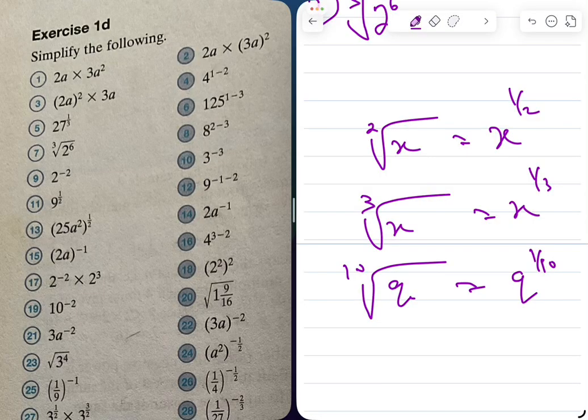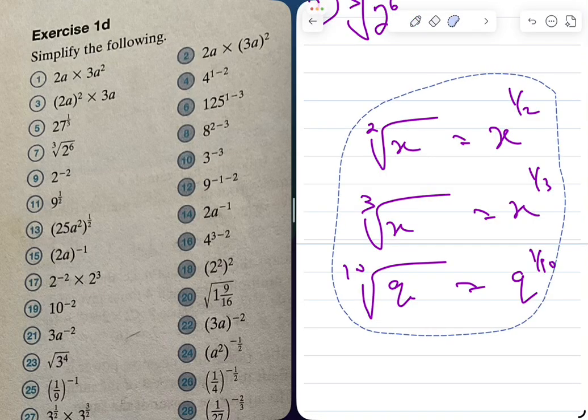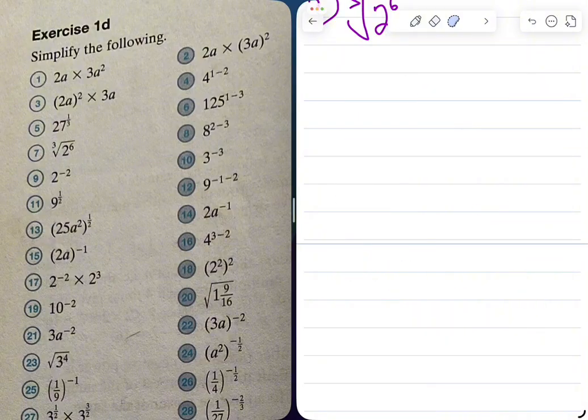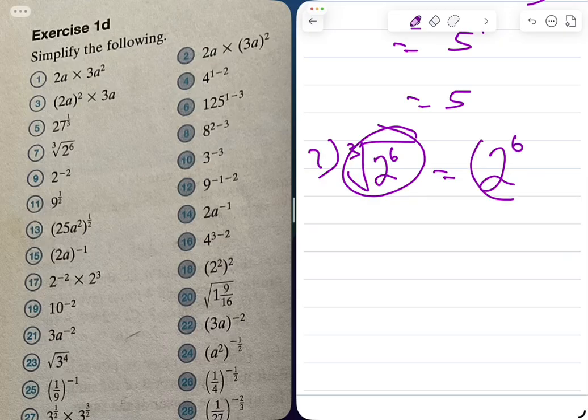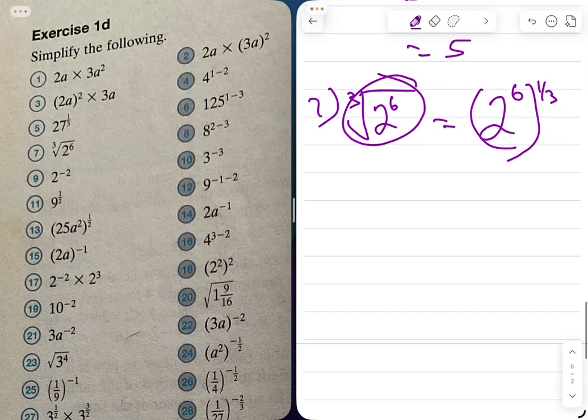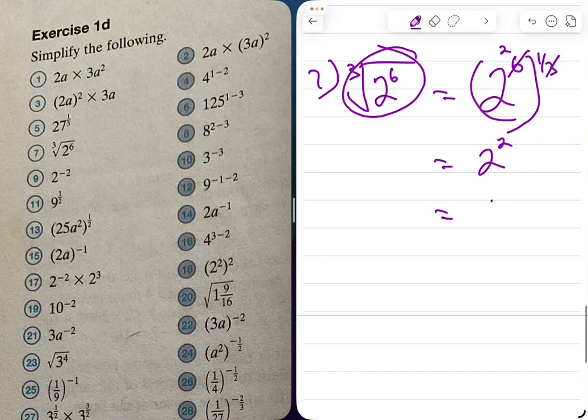So that simply means the cube root of 2 raised to power 6 is the same as 2 raised to power 6 raised to power 1 over 3. And that's the same as saying 2 raised to power 6 times 1 over 3. 3 into 3 is 1, 3 into 6 is 2. Which means 2 raised to power 2. And that's 4.